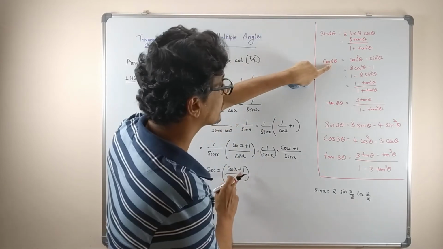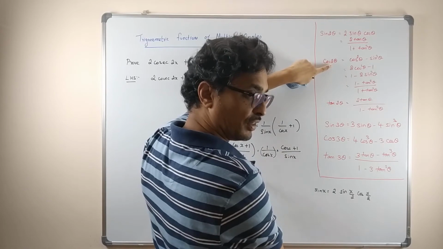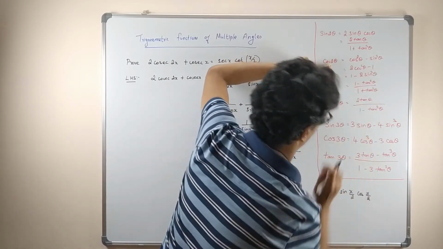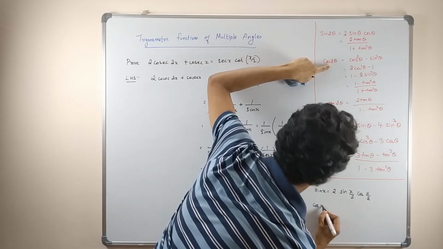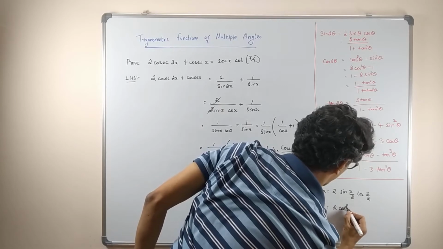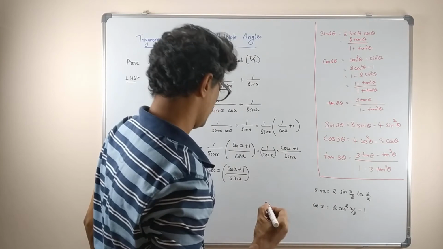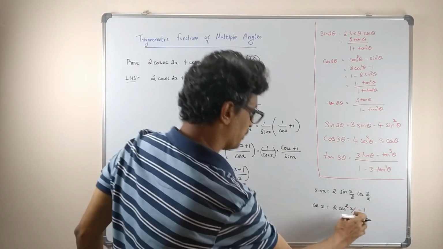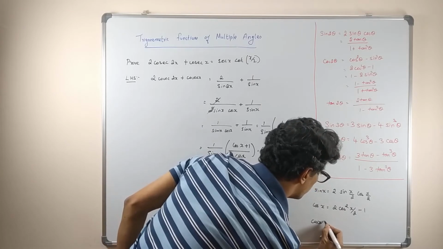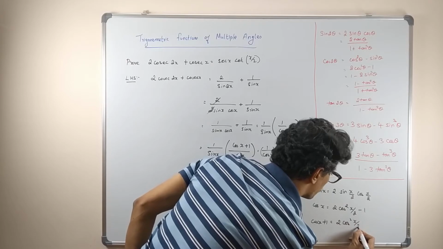So this is cos x plus 1. If I use this equation, then the plus or minus 1 will get cancelled. So cos x will be equal to 2 times cos square x by 2 minus 1. From here, if I take the 1 across, cos x plus 1 will be equal to 2 times cos square x by 2.